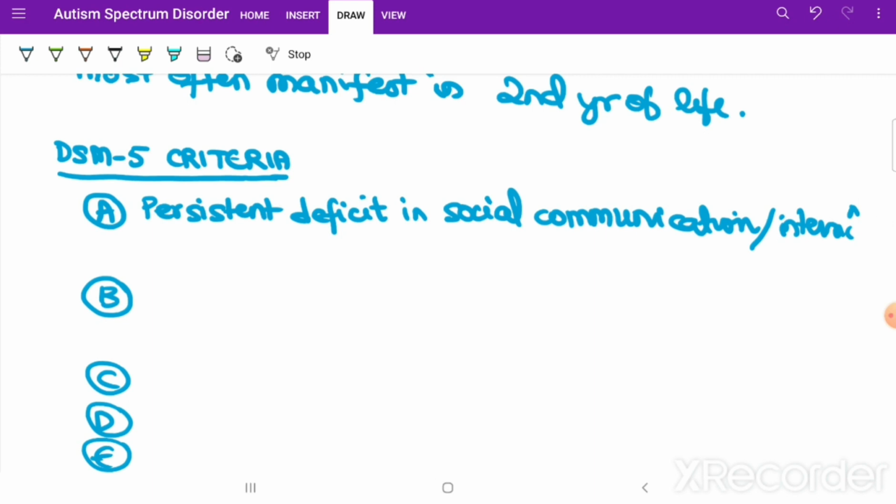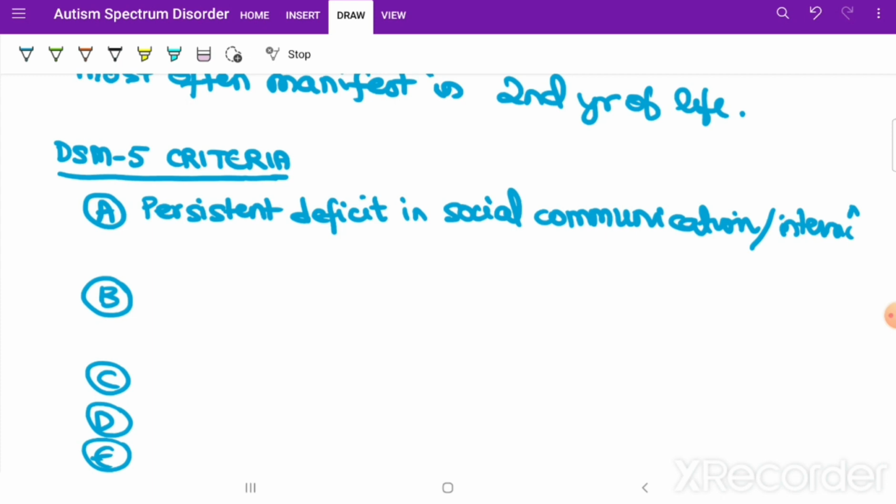For example, there's a deficit in social emotional reciprocity, abnormal social approach of the child, reduced sharing of interest, reduced emotion, reduced affect.